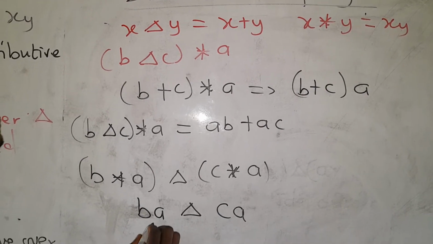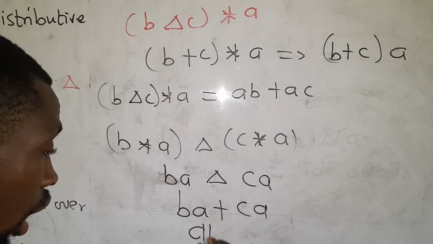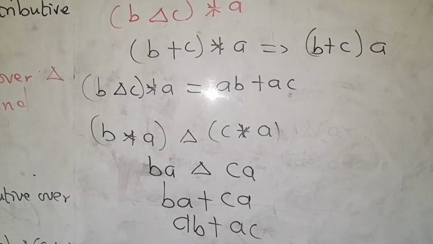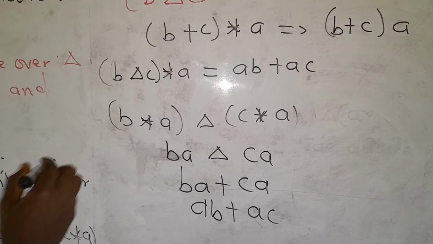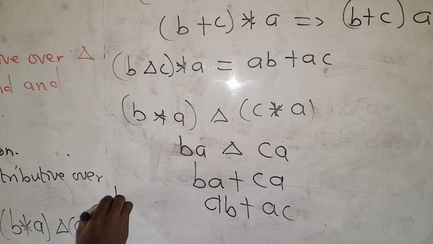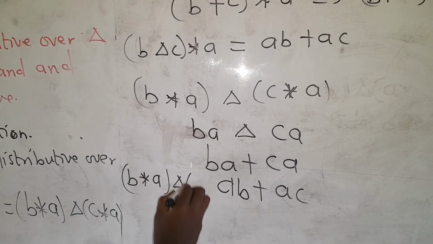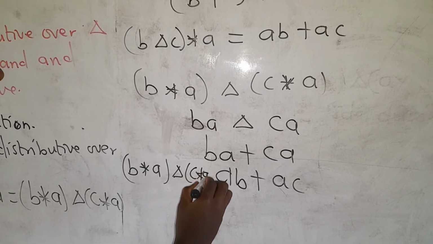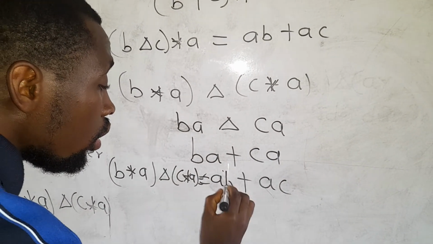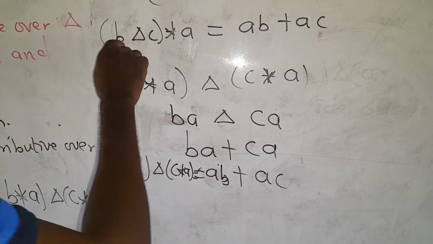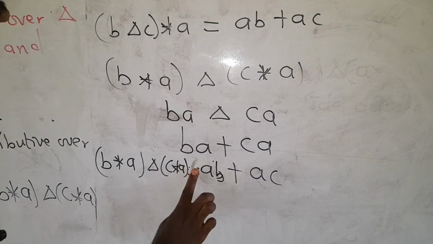So that will be BA plus CA, which we can rewrite as AB plus AC, and it will not change the meaning. So thus, we realize that (B star A) delta (C star A) is equal to AB plus AC. And the first one, (B delta C) star A, is also AB plus AC. So they are equal.